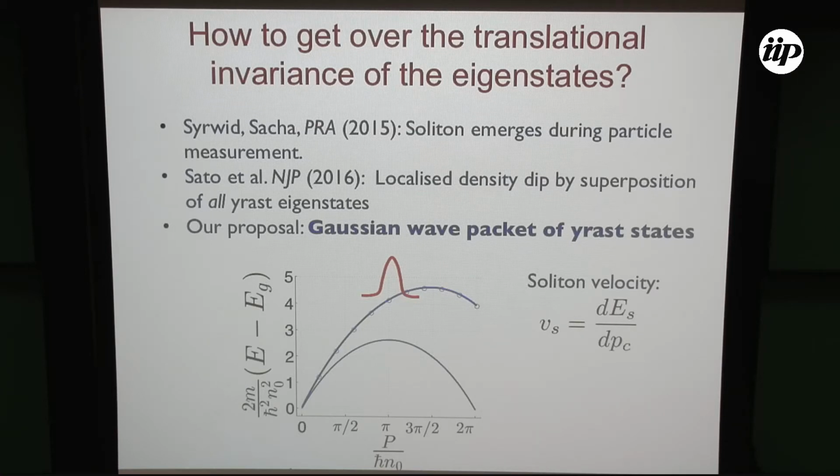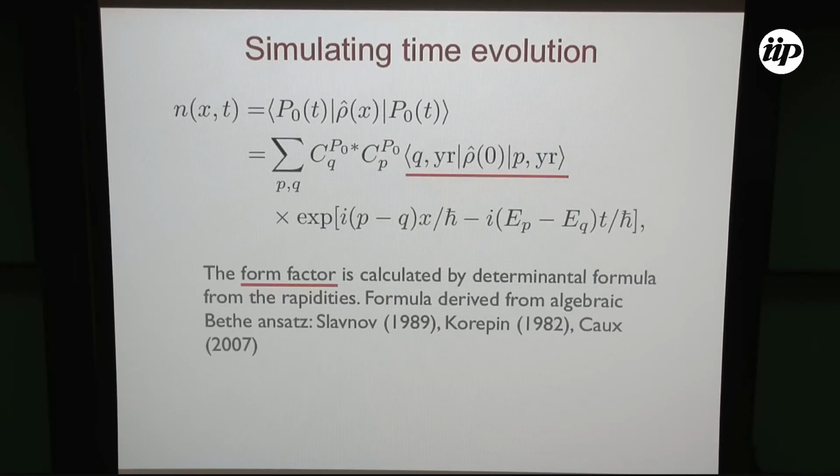So our proposal is now to make a Gaussian wave packet of yrast states with some central momentum that we choose and some width in momentum, and then look at these. First of all, the soliton velocity, and we do find that this is true, will be given by the derivative of the energy with respect to momentum, the dispersion relation.